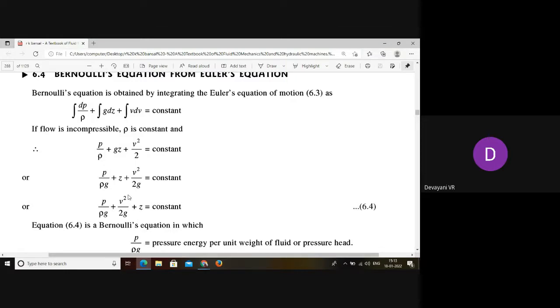If we take a pipe and take different sections in it and measure the total energy, then the total energy will be constant at each and every section. Based on Bernoulli's equation, we can calculate the total energy or total head, and it is a very important equation to design machines or devices.